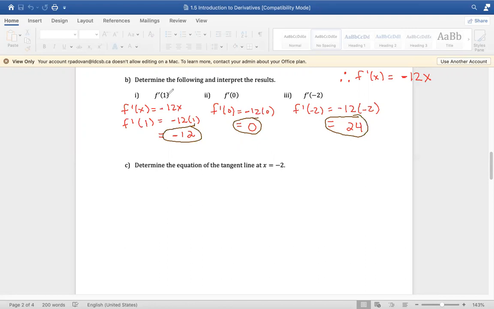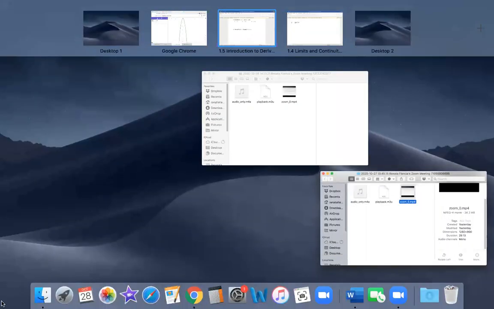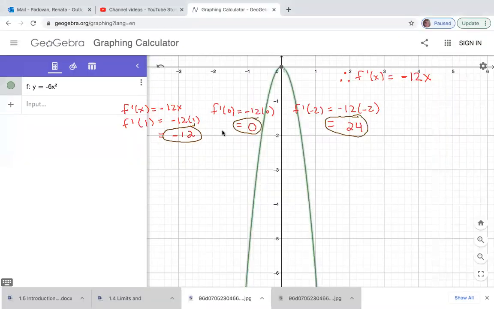So at the x value of 1, the slope of the tangent line is -12. The easiest way to show that would be, if I go back to my equation, y equals -6x squared. Hopefully, I've never switched screens doing a video before, and I'm hoping that this will work.